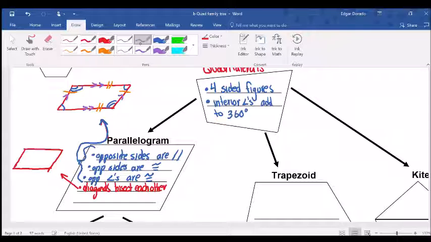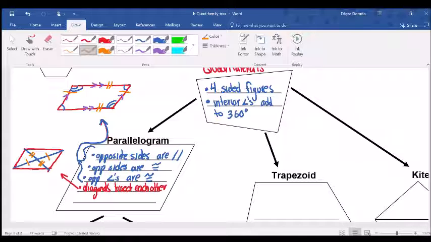That means if I have this diagonal here and this diagonal there, each of the diagonals bisect each other, which means this half is the same as that half, and this half is the same as this half. Okay? So the diagonals cross, and they cut each other in half. We don't know their specific lengths, we just know that they definitely cut each other in half.